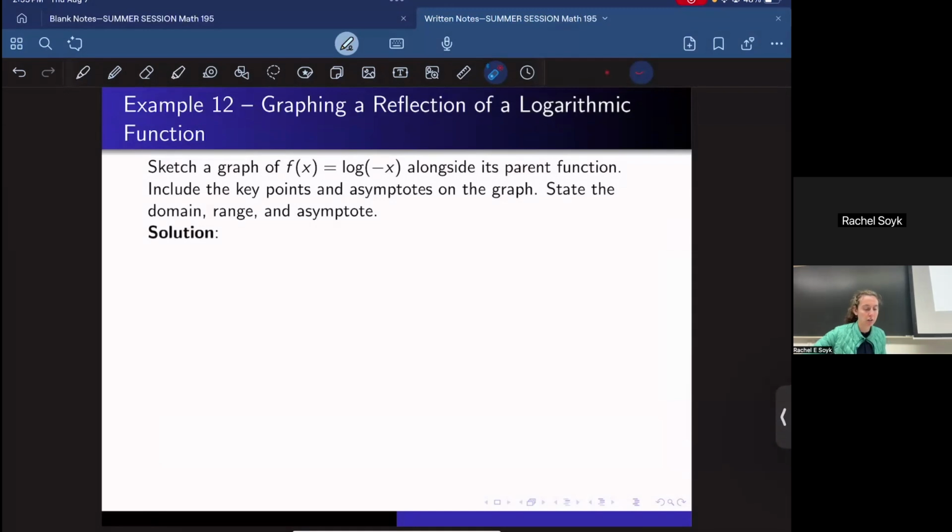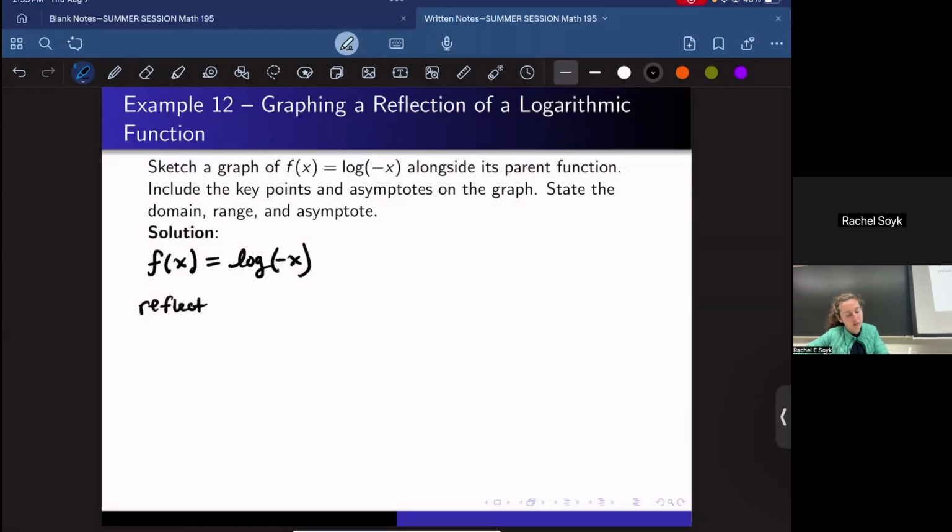We are asked to sketch this graph of log of negative x. And so straight off the bat, what type of reflection is occurring? It's a reflection across. Yeah.